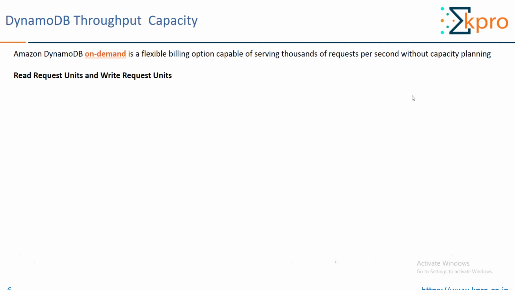Based on these units only your billing will be generated, and they have a chart like one read capacity unit is equal to, just as an example, $1, and one write capacity unit is equal to $1. Very simple if I put things that way.